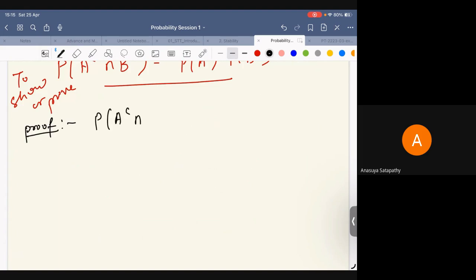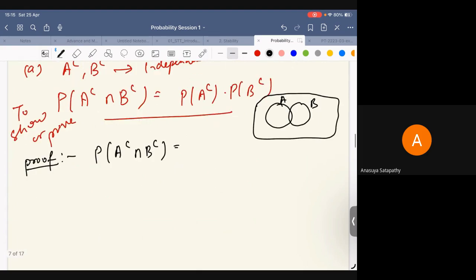A complement intersection B complement. Imagine there are two sets A and B. How can I write A complement intersection B complement? This is the whole sample space, and inside this there are two sets. A complement means leaving the set A, whatever is there in the whole sample space, and leaving the set B, B complement, whatever is there in the sample space.